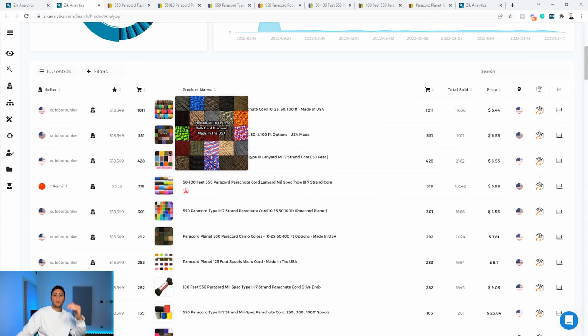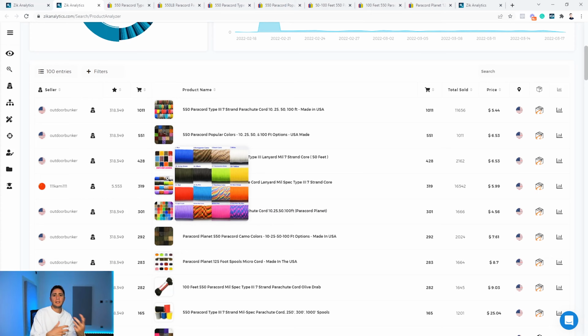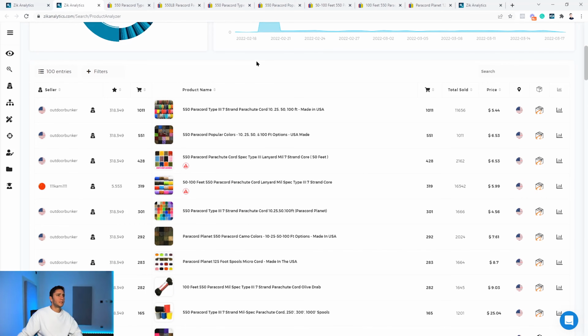So after we went through the listings and we understand the listings and the different functions, variations, colors, length, and how products in this niche operate, now we want to understand the competition. We understand something and it's very clear. This is a niche of multi-variation listings where you can have colors and length. Now there are different types of length.